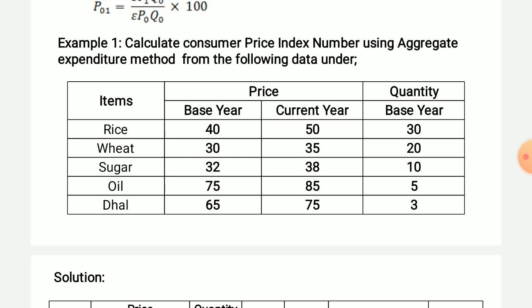So base year price means P0, and current year price is P1. 0 indicates the base year and 1 indicates the current year. Q means quantity and P is equal to the price. So therefore P0, P1 and Q0 are given. Having this data, we have to construct a price index number using the aggregate expenditure method.